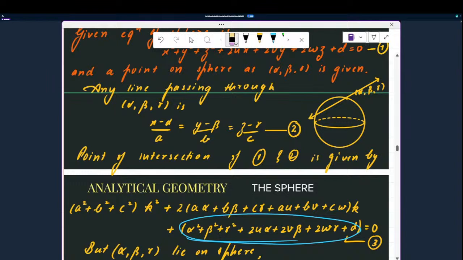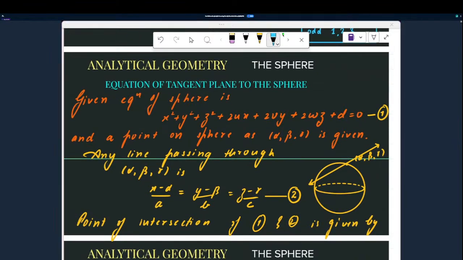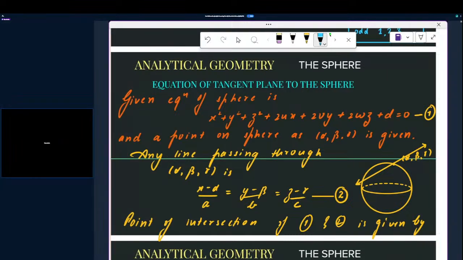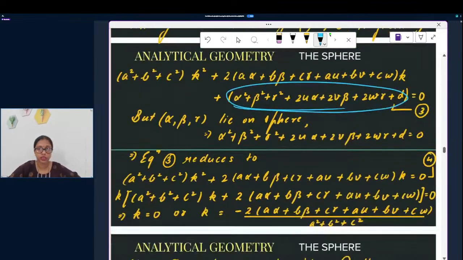So definitely this point is the point of intersection of line and the sphere. So alpha, beta, gamma is lying on the sphere, and then you can see that alpha square plus beta square plus gamma square plus 2u alpha plus 2v beta plus 2w gamma plus d should be equal to 0. And this is exactly this, which is equal to 0 because it lies on the sphere.